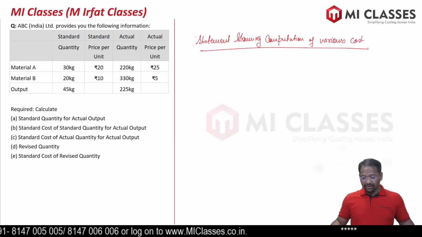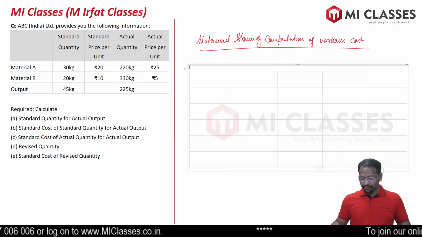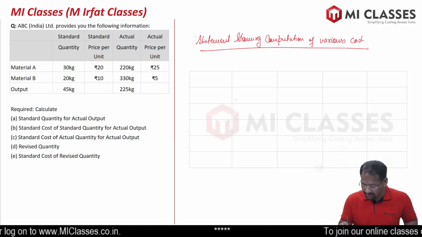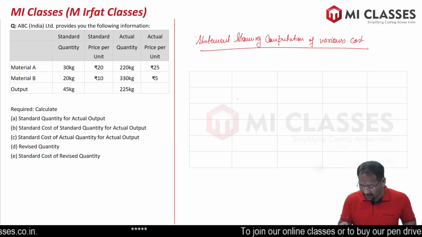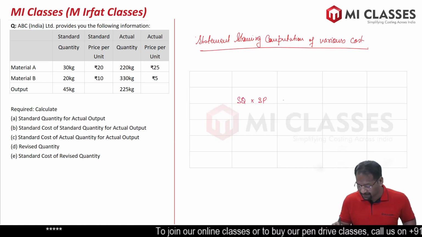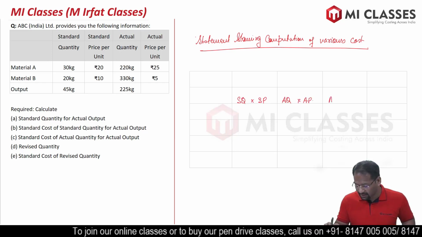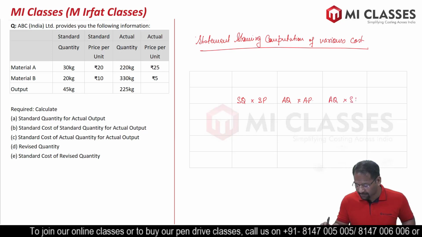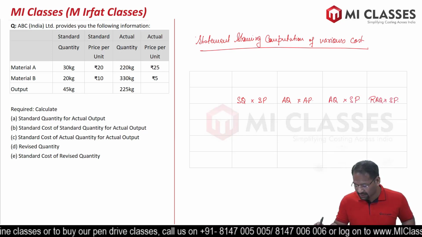We need to insert 5 columns, so we will insert 5 columns here. The first one, forget what is asked in the question. What we know in material variances, we are going to calculate that. So we know first column is standard quantity into standard price. Second column is actual quantity into actual price. Third column is actual quantity into standard price, and last one is revised actual quantity into standard price.